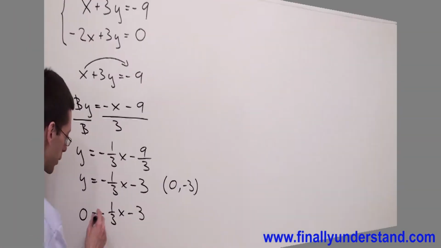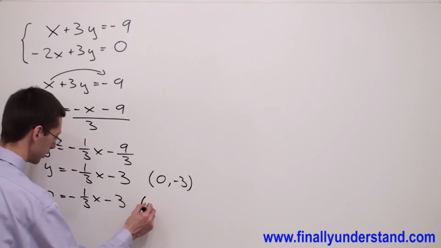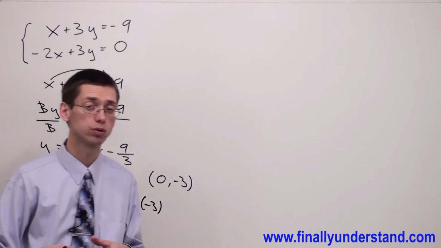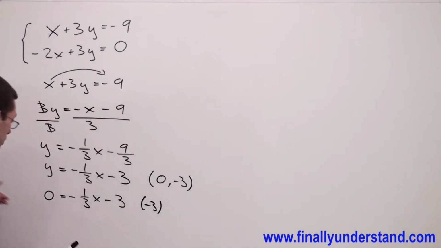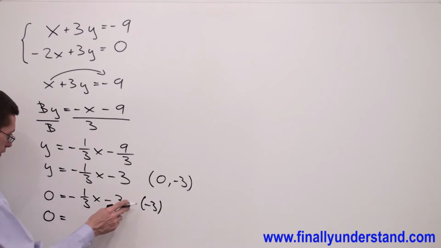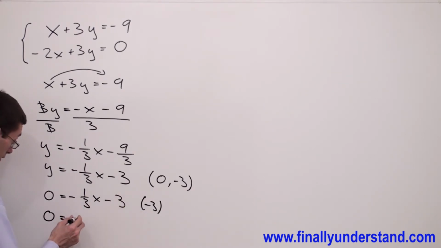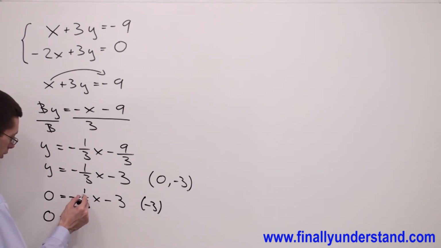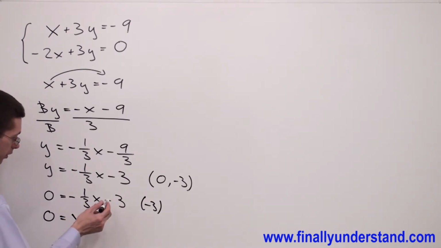I'm supposed to multiply both sides of the equation by negative 3. Someone is going to ask why I have to multiply by negative 3. Because I want to eliminate the fraction next to the x term. So I'm going to have 0 equals negative 1/3 times negative 3, which is simply x, because negative times negative gives me positive, and 1/3 times 3 is 1, 1 times x is x.